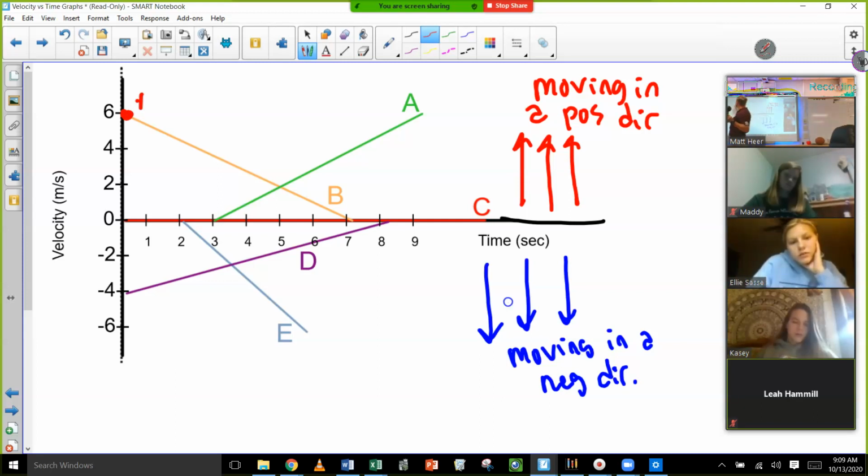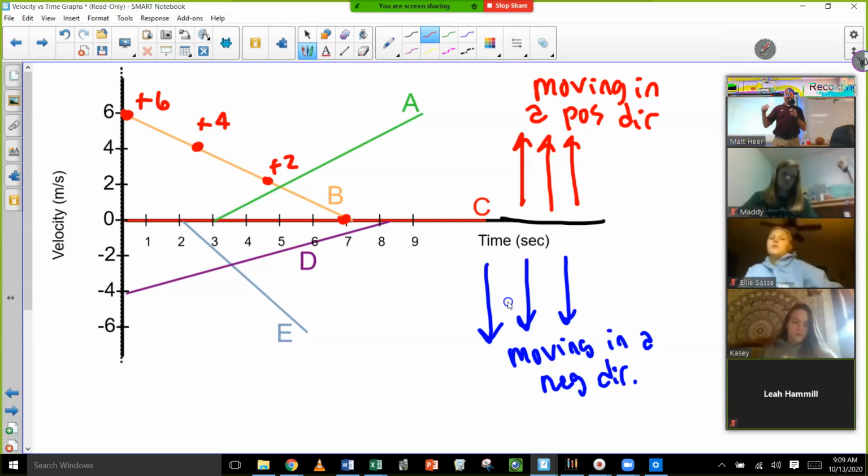Positive. What's my velocity right here? 4. Positive 4. What's my velocity right here? 2. Positive 2. And then you end up at 0. At any time, was my velocity negative? No. So I'm always moving in the positive direction, whatever the positive direction is. So I'm never moving in a negative direction.